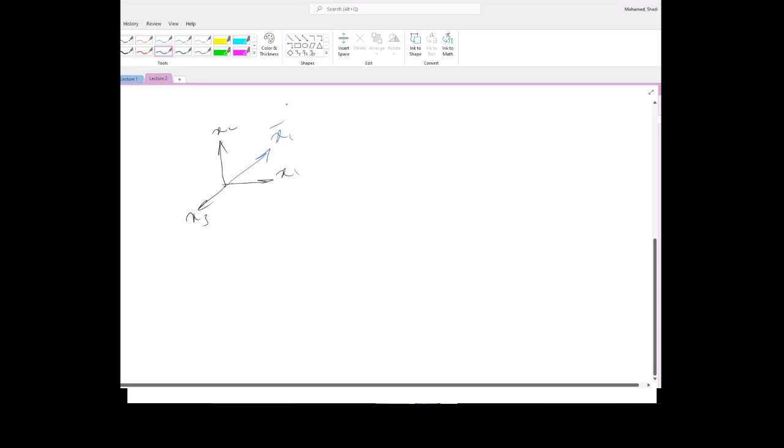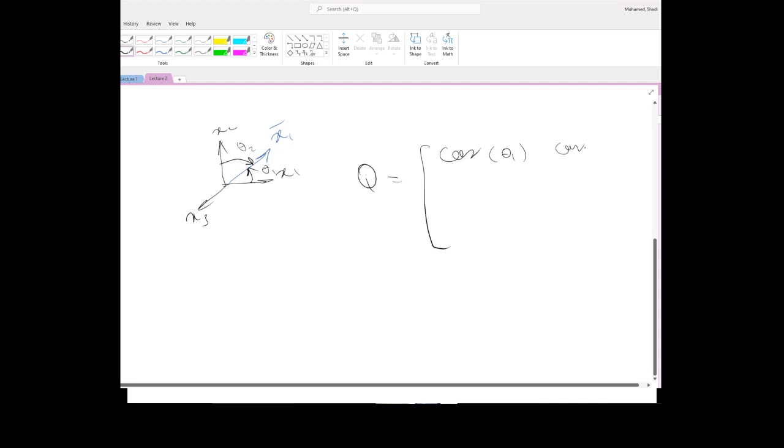So this is the transformation matrix, I'm going to call it Q. The angle between x1 and x1 bar, I'm going to call theta 1. We take the cosine of theta 1, and we put it as the first entry. The angle between x2 and x1 bar, I'm going to call theta 2.